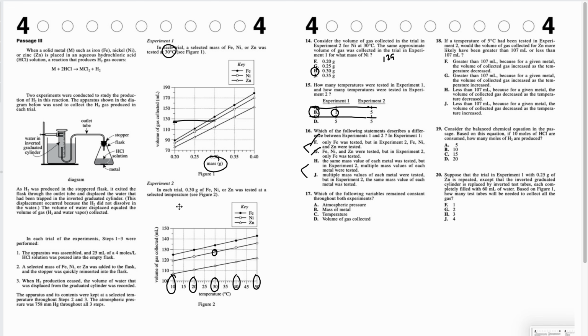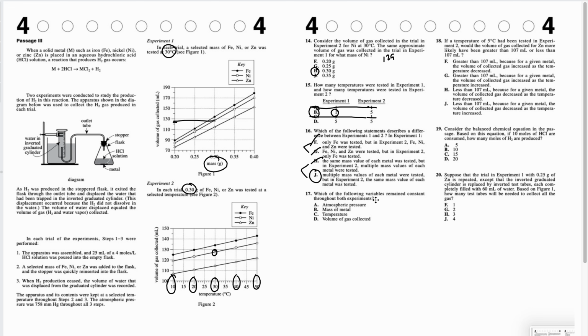But in experiment 2, it says only 0.30 grams, so we only have one mass. So J is going to be the correct answer because H says that the same mass was in experiment 1, but in experiment 1 we had different masses, so that's automatically gone. So the answer is J.